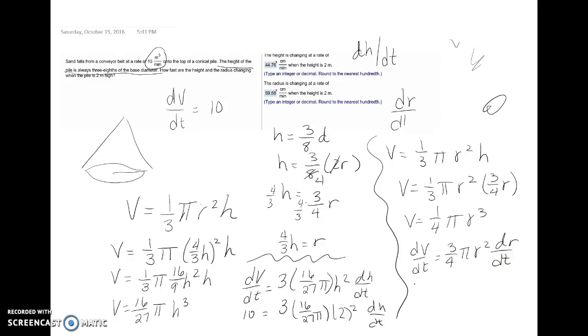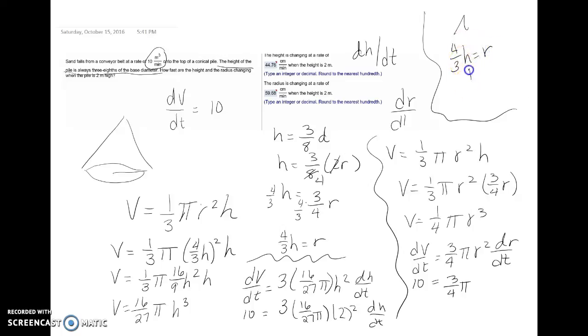Okay, so we're still going to plug in 10 for dV/dt. Then now we still know that the height is 2. So to find what the r is in this case, I'm going to come up here. We have this little formula, 4/3 h equals r.